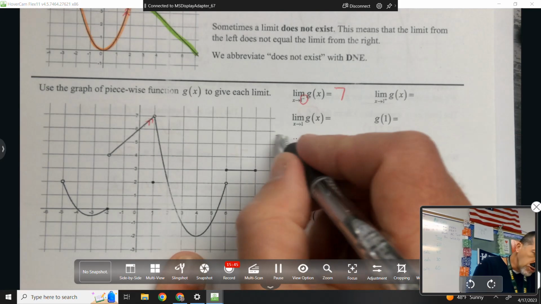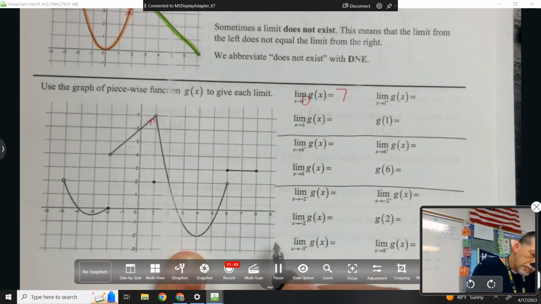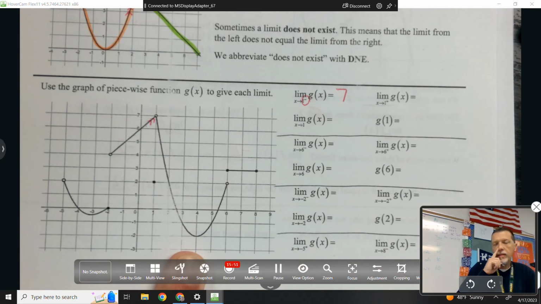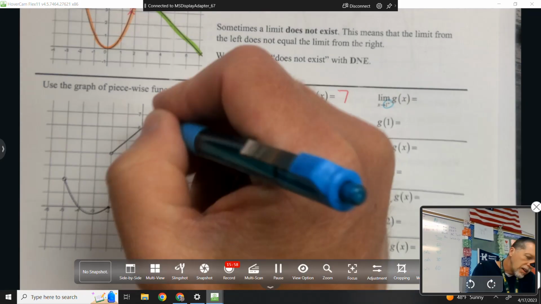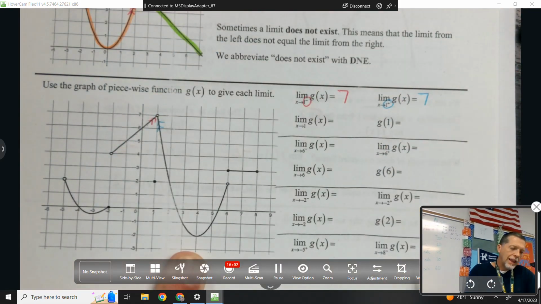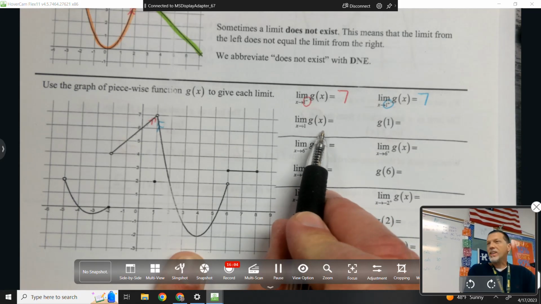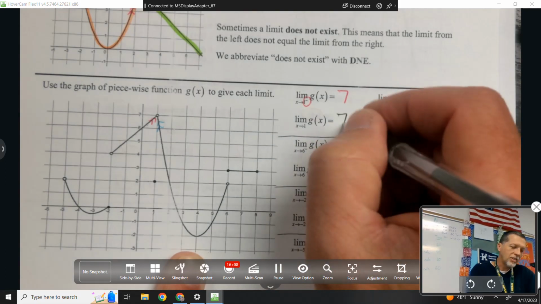These are sort of grouped, so we're going to do these like this. So you don't want to just work all the way down the page here. Limit as x approaches 1 from the right. Also 7. Limit as x approaches 1. 7. Like from the left and the right is both 7, so that limit is 7.